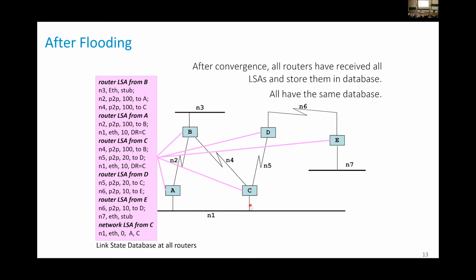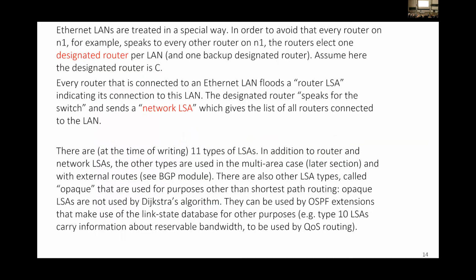And then C will speak for N1 by sending an LSA from N1, as if it would be coming from N1. So N1 will say, I am an Ethernet. I have a cost of 0, that's the usual convention. And I have a number of routers that are directly connected to me, which are A and C. That's the only subtlety that there will be here.